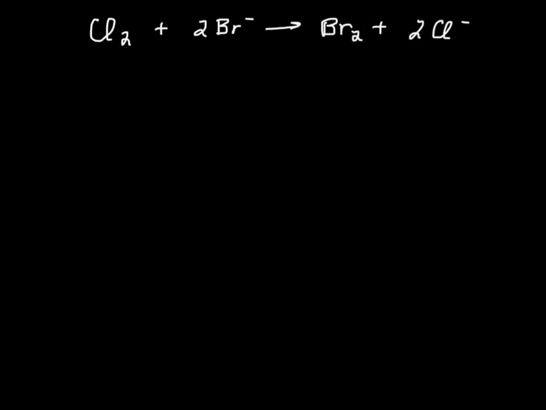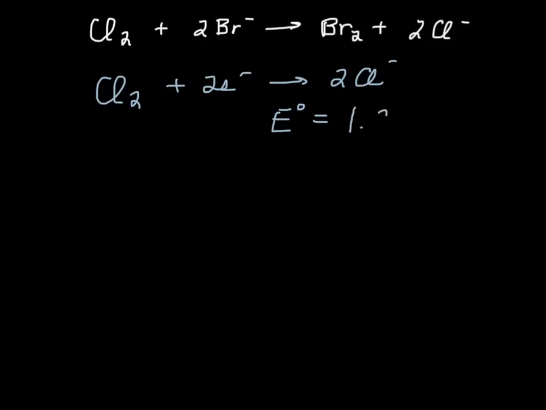Let's try chlorine plus 2 bromides gives me bromine plus 2 chlorides. Again, let's write the half reactions. Chlorine plus 2 electrons gives me 2 chlorides. You find that reaction in your table; it's a reduction, so you should see it written exactly like that, with 1.360 volts.